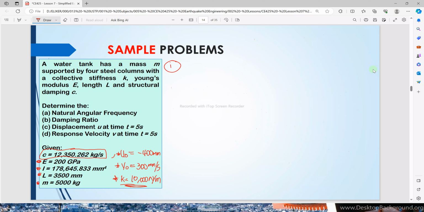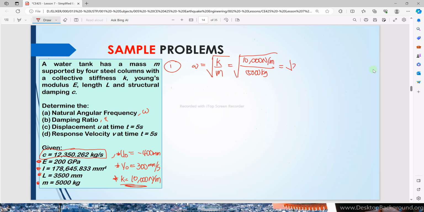Okay, let's start first. Our first task is to find the natural angular frequency omega, and then we are also asked to find the damping ratio. So omega is just equal to the square root of k over m. We already have our k, equal to 10,000 Newton per meter, over the mass of 5,000 kilograms.